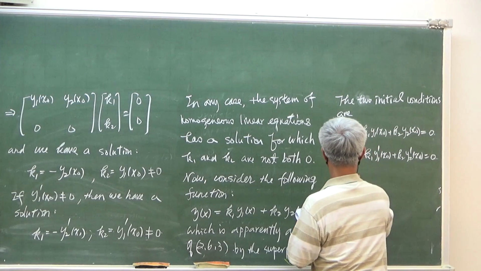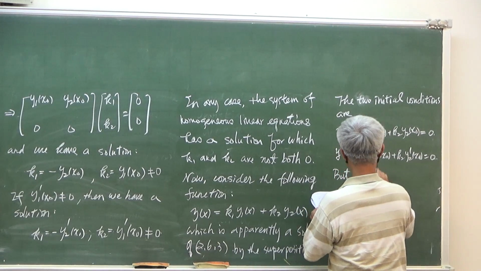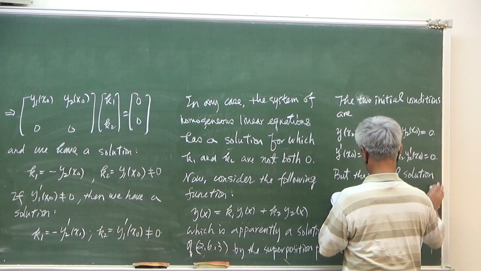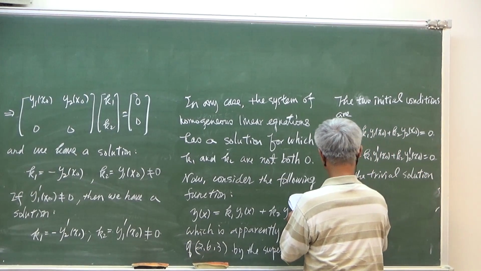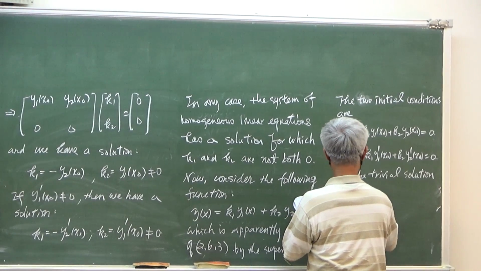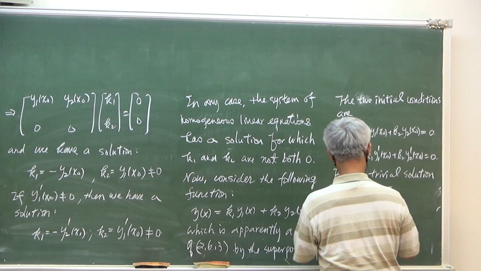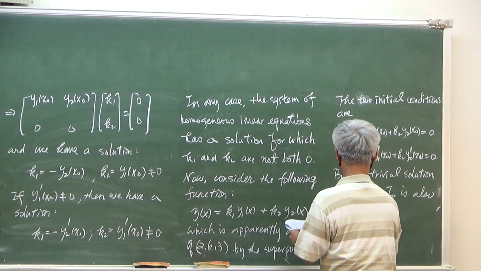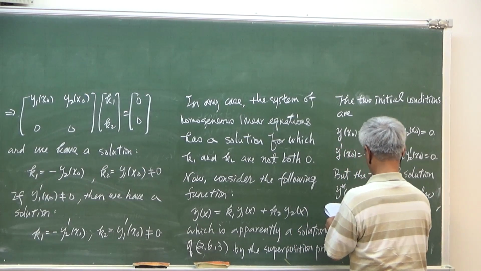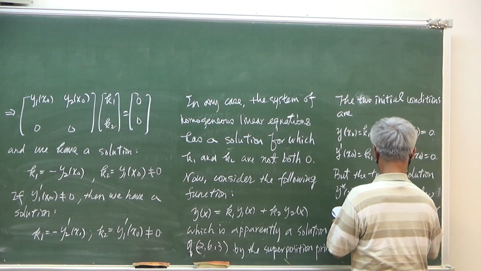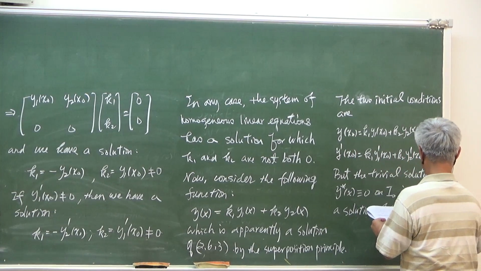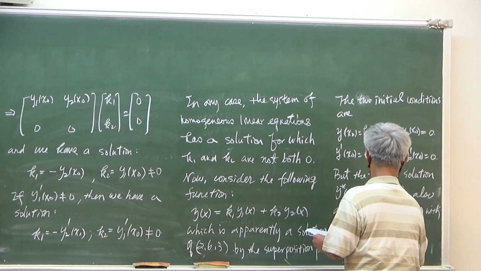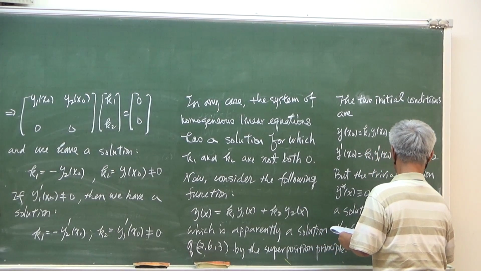But the trivial solution, y star of x equal to 0, is also a solution of 2.6.12, with the same initial conditions.